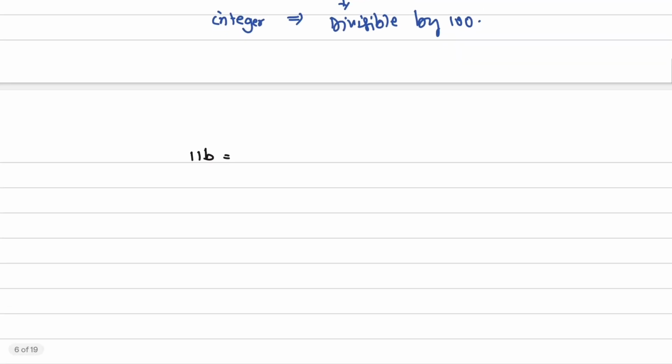That means in this equation, 11b is equal to 100b, which is equal to 2998,000 minus 11c. 2998,000 is already divisible by 100.